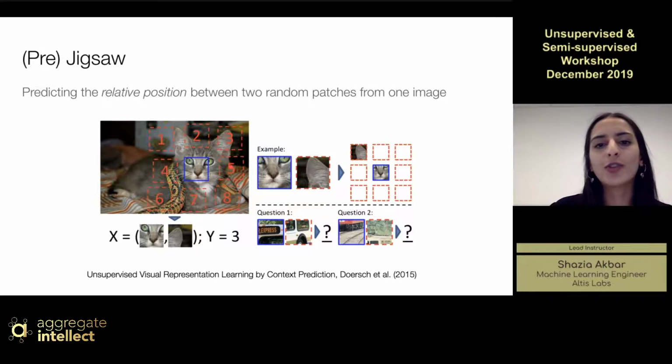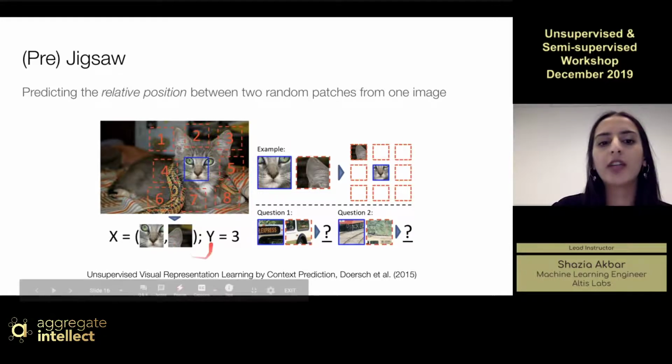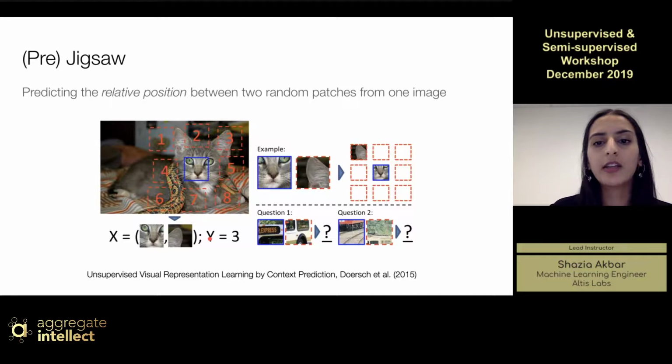The job of the classifier is then to determine which one of these 8 spaces that second random patch came from. So that's the task here. It works really well because you're learning, especially within real-world data like this, the spatial relationship between patches, between, say, the ears and the nose of the cat, which are very important.